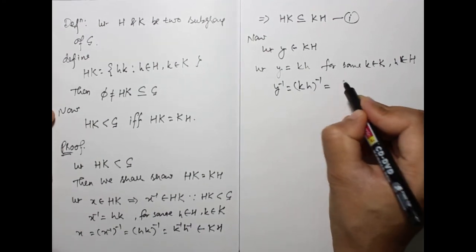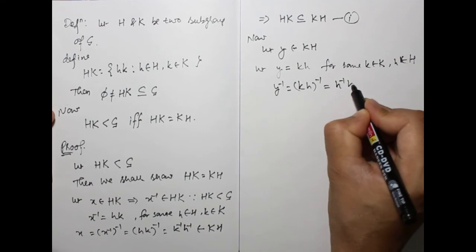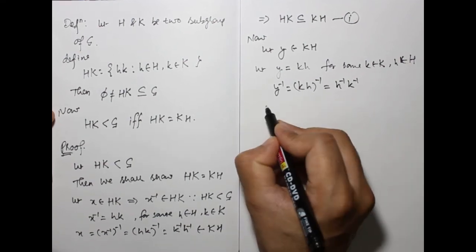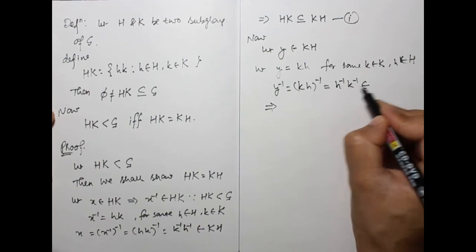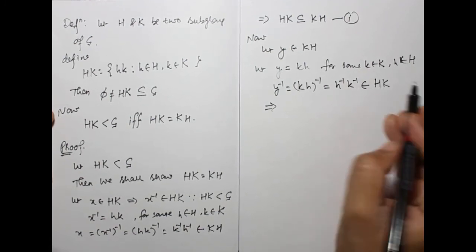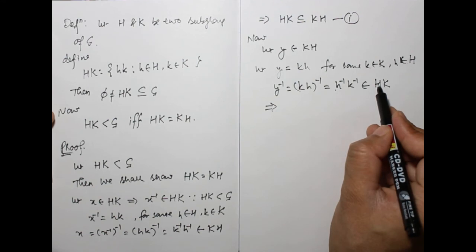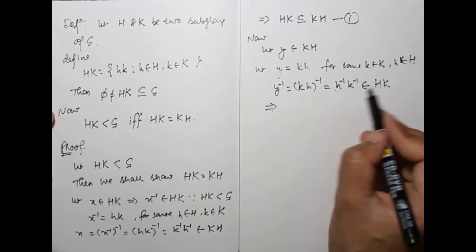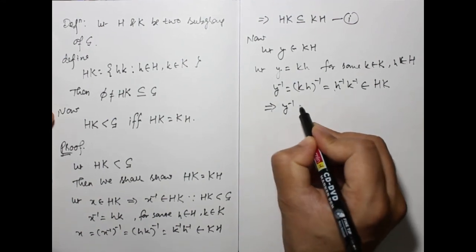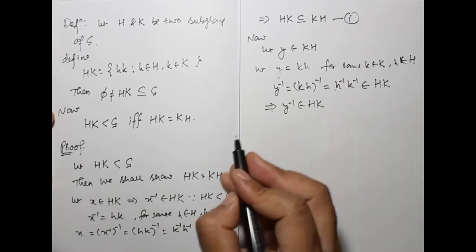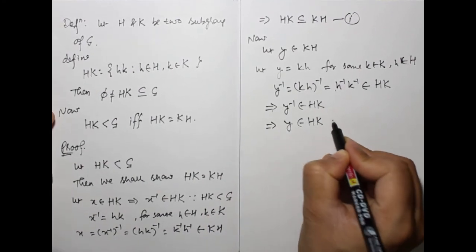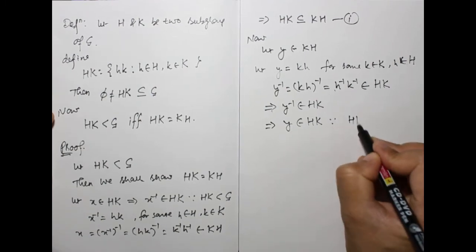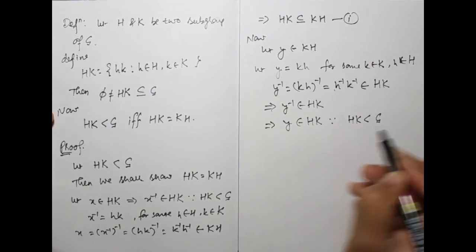This can be written as h inverse k inverse. It implies this must belong to HK because h inverse is an element of H and k inverse is an element of K. So y inverse belongs to HK. It implies y belongs to HK. Why? Because HK is a subgroup of G.